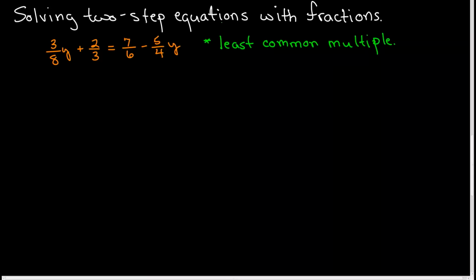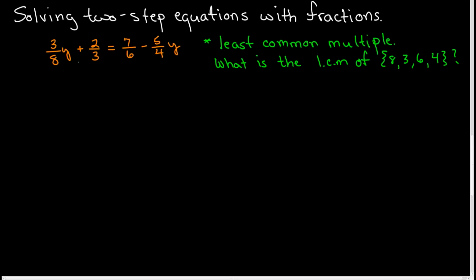So then you have to ask the question, what is the least common multiple, which we'll abbreviate as LCM, of our denominators? So 8, 3, 6, and 4. Well, let's start thinking about some of these numbers.